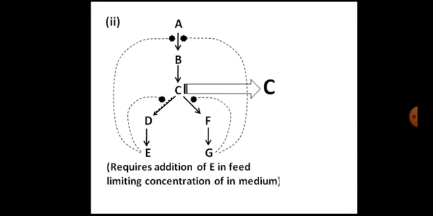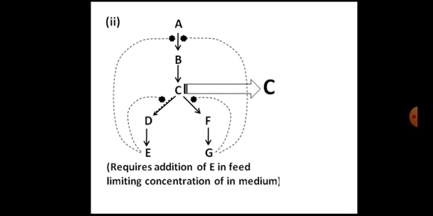The second hypothetical example is of a branched pathway. We can see here that A is getting converted to C through B. Then there is a branch point at C. C gets converted to D, subsequently to E, and C gets converted to F and G. We see here that there is a concerted feedback control.